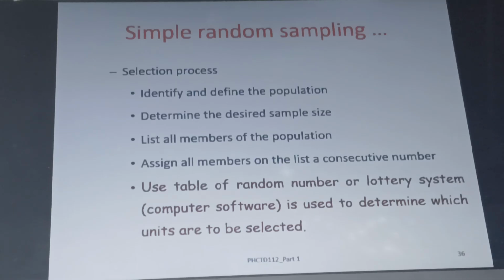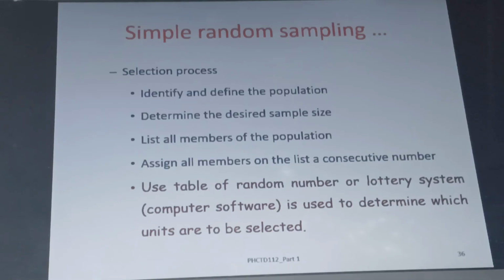So let's look at the selection process of simple random sampling. Number one thing you need to do when you want to use simple random sampling as your probability sampling technique is to identify and define the population, such as: I want to look at fibroid among women of reproductive age in Nigeria.